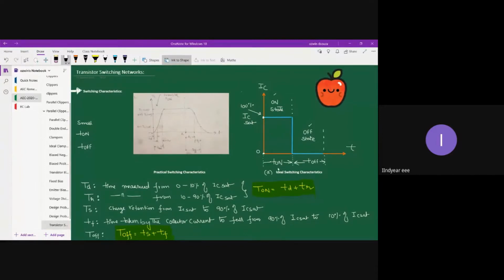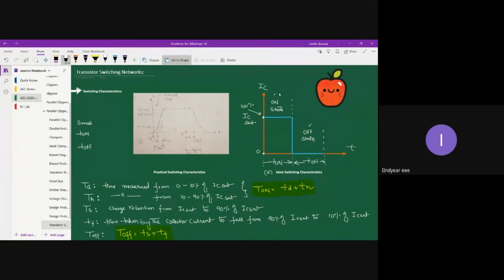In case of ideal switching characteristics, it is expected that when the switch is turned on, or when the transistor is turned on, the collector current should flow through the transistor, and the collector current ideally should be as high as possible. So when the transistor is turned on, it gets into the saturation region.